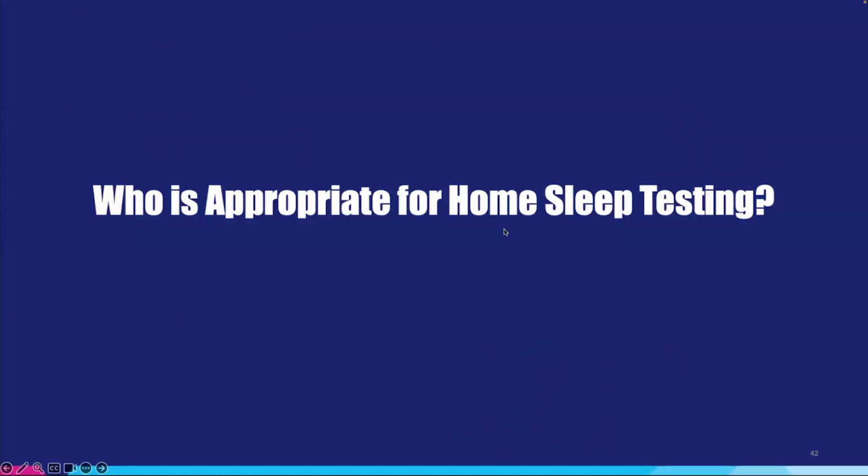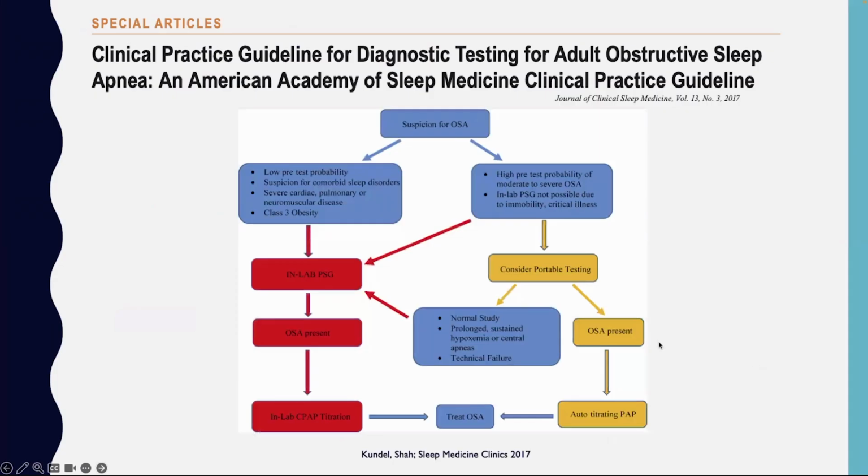And so who is appropriate for home sleep testing? When should you order home sleep testing and when should you not? I want to go over this clinical practice guideline for diagnosis of sleep apnea using home sleep tests. Let's say you have a patient that comes to clinic and you're suspicious they have sleep apnea. Home sleep testing is appropriate when they have a high pretest probability of moderate to severe sleep apnea.